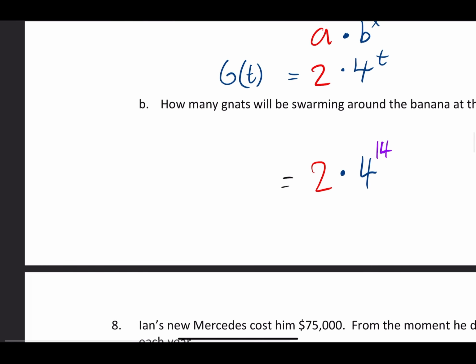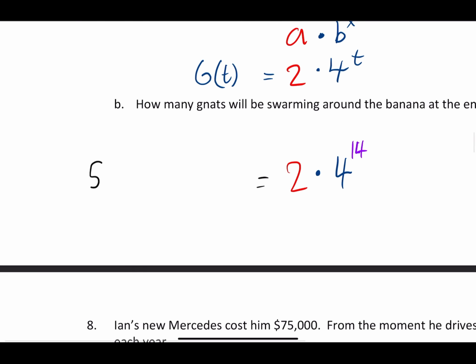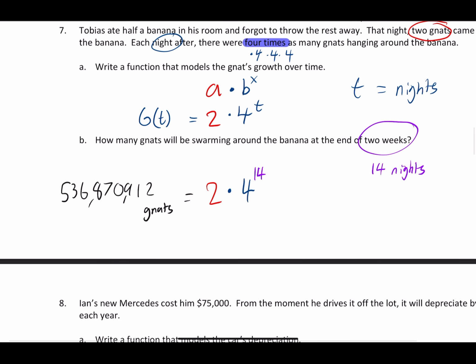I've got to plug that into my calculator real fast, and I'm getting 536,870,912. Let's see if this is rounding, nope, it's a whole number. So 536,870,912 gnats. You started with 2 gnats. Better clean up that banana before we're swarming with gnats.